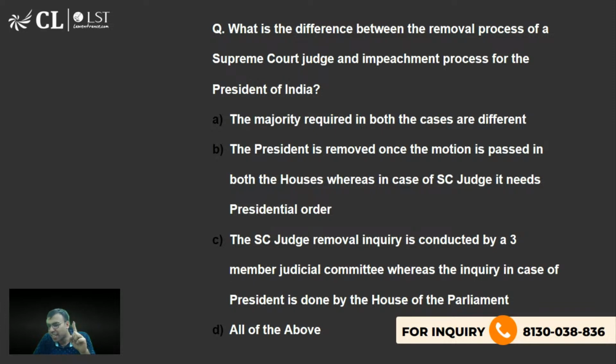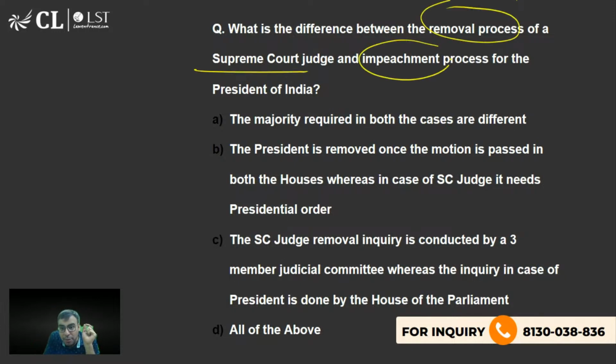Please read it carefully and then answer me, so that I can understand that the energy I have given to explain it has been accepted. What is the difference between the removal process of a Supreme Court judge and the impeachment process of the President of India?